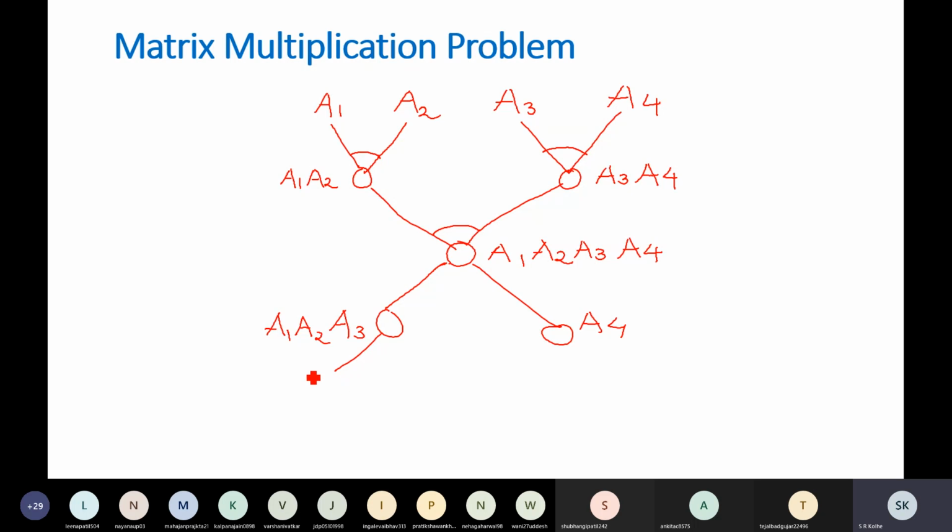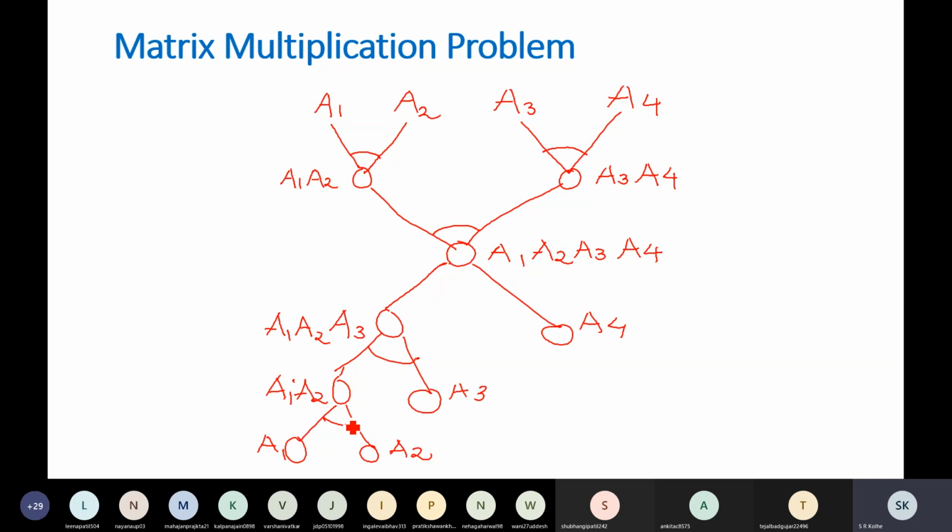We perform A1 and A2, which requires the input A1 and A2; both have to be done together.